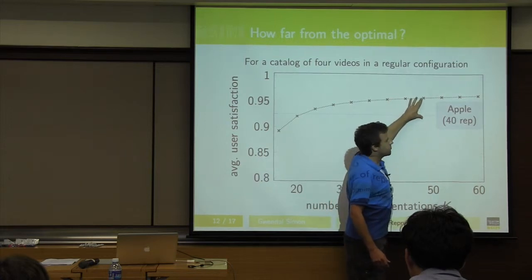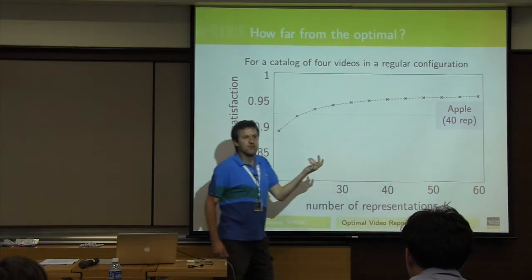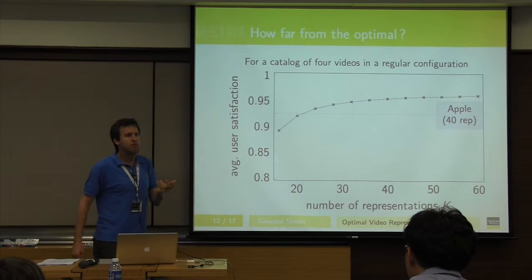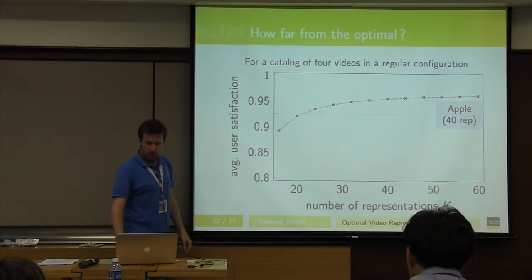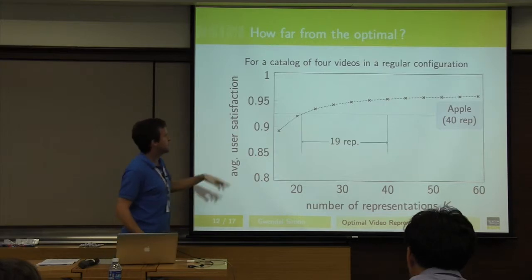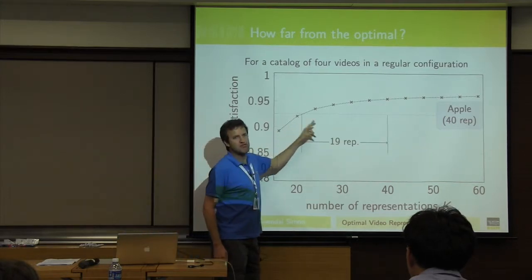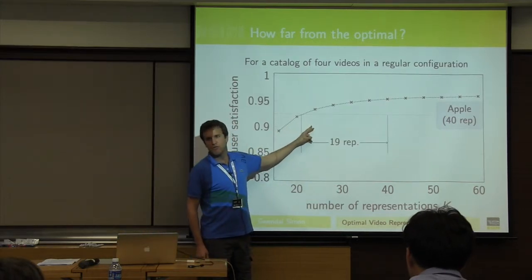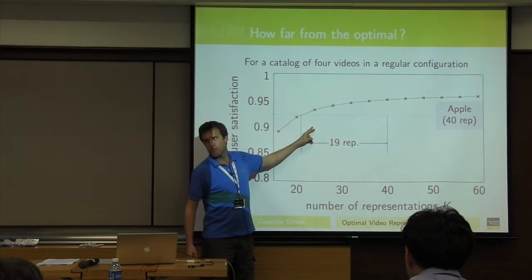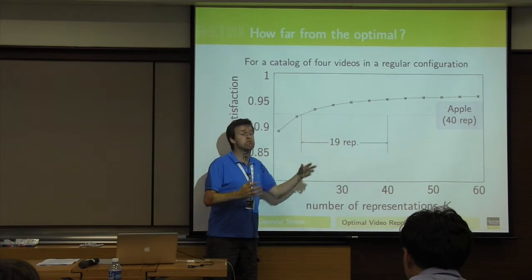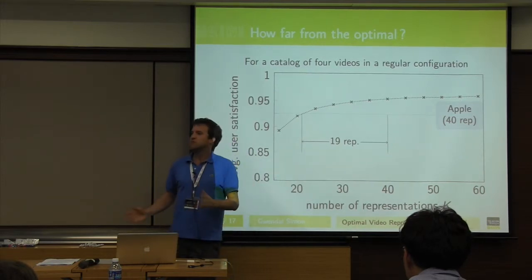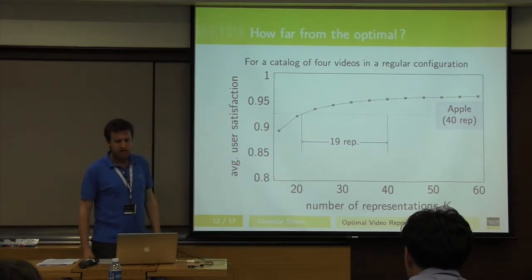So if you just compare the difference, it's not that big. I mean, Apple is doing a good job in terms of optimality. But what we observe is that we can do the same as Apple with almost half the number of representations. With only 5 representations per video, you can do approximately as good as Apple.